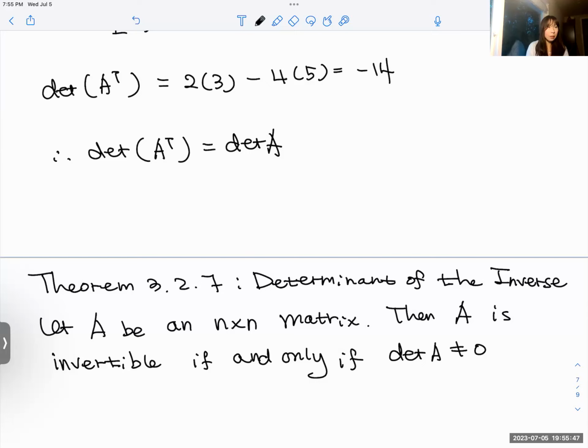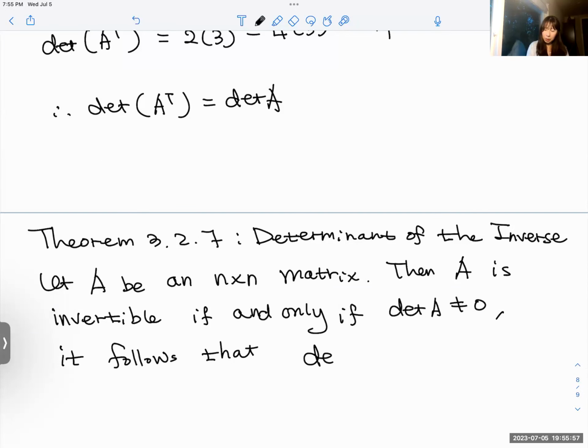It follows that the determinant of inverse of A is the same as 1 over determinant of A.